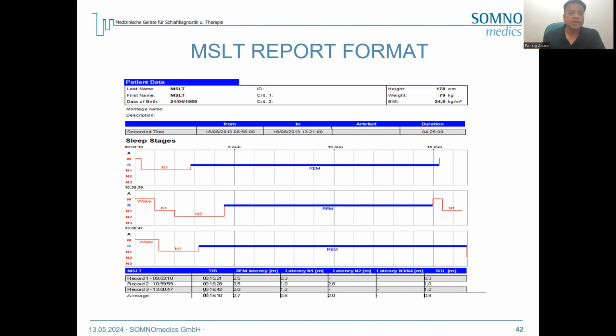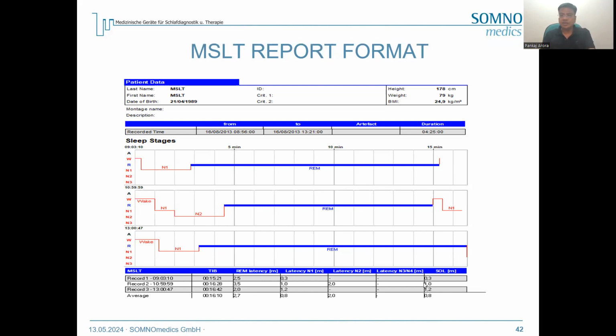In this particular case, you can see the time in bed. It is showing you the REM latency of 2.5 minutes, 3.5 minutes, and 2 minutes. So the average REM latency was 2.7 minutes, and the sleep onset latency was 0.8 minutes.